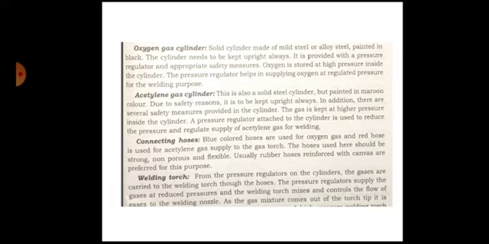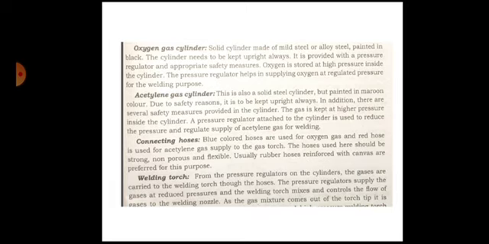The pressure regulators reduce the pressures, and the welding torch mixes and controls the flow of gases to the welding nozzle. As the gas mixture comes out of the torch tip, it is ignited to produce a flame for the welding purpose. The welding torch is also called a blow pipe.